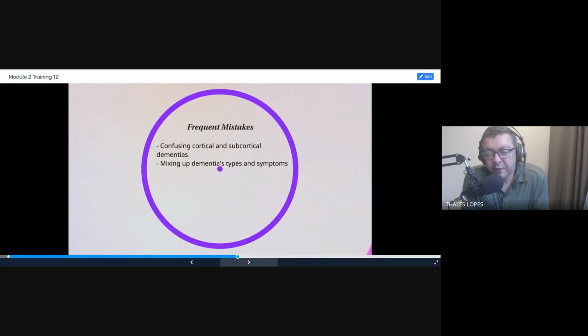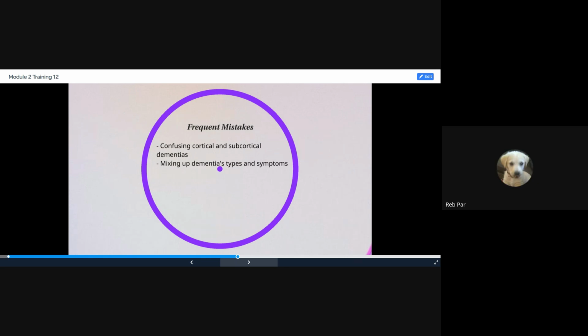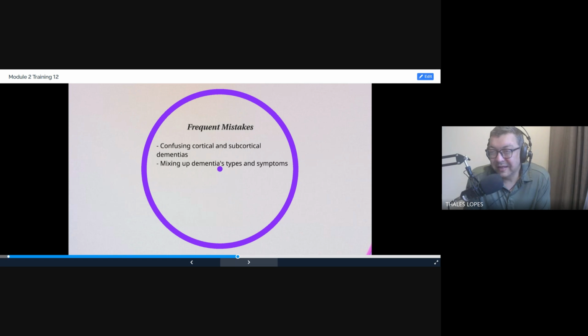Frequent mistakes are confusing cortical with subcortical, mixing up dementia types and symptoms, or even mixing up depression. You will get a question between depression and dementia because the symptoms are alike. The difference is that with depression, you can almost tell when it started: last month or last year.